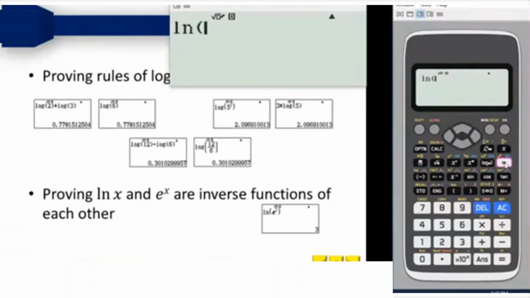So whenever I write ln of e to the power of anything, let's say 3, my answer will be 3, because ln and e are inverse functions of each other. So ln of e^3 is 3, ln of e^7 will be 7.